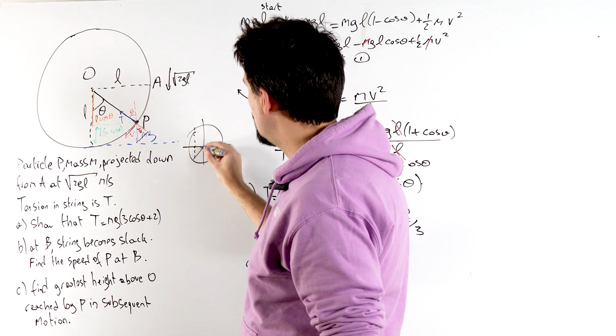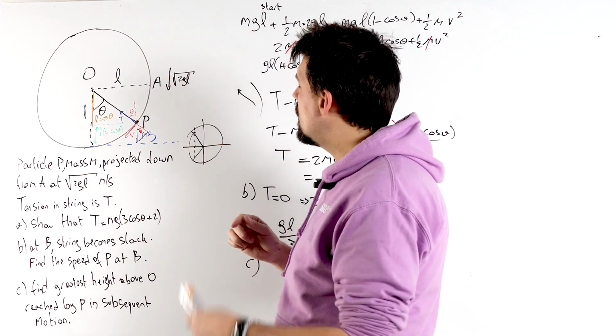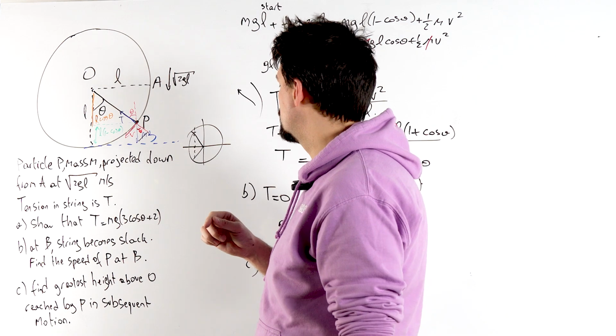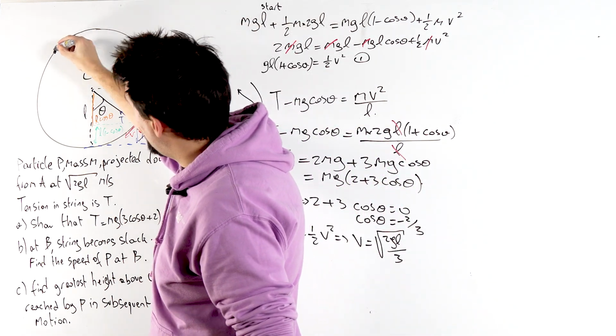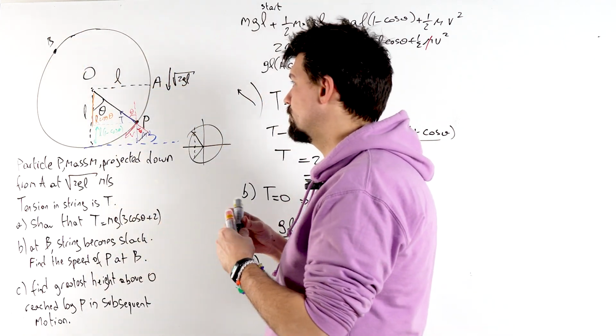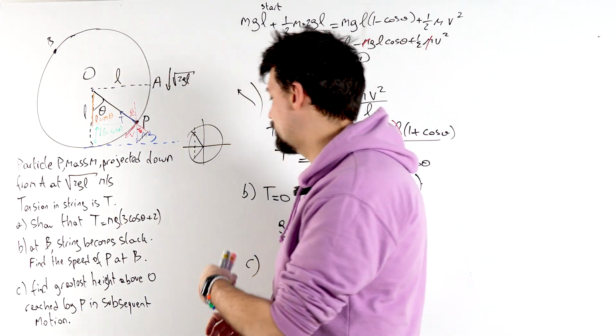Minus 2/3, so we're either somewhere like that or somewhere like that. Looking at this angle, I would assume that somewhere up there is where B is, right? So somewhere along there, the string becomes slack.